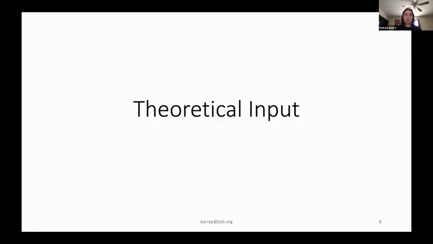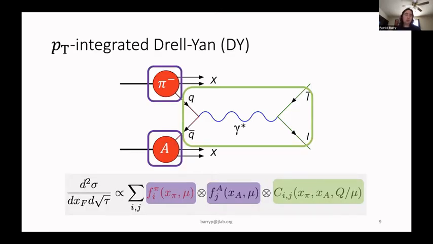So let me discuss a little bit more about the theoretical input, specifically when I'm talking about the Drell-Yan. So this is what I just showed with the Drell-Yan process. I just wanted to show some formulas here, and really what this means is that these are PDFs, in purple, convoluted with the hard cross sections, boxed in green.